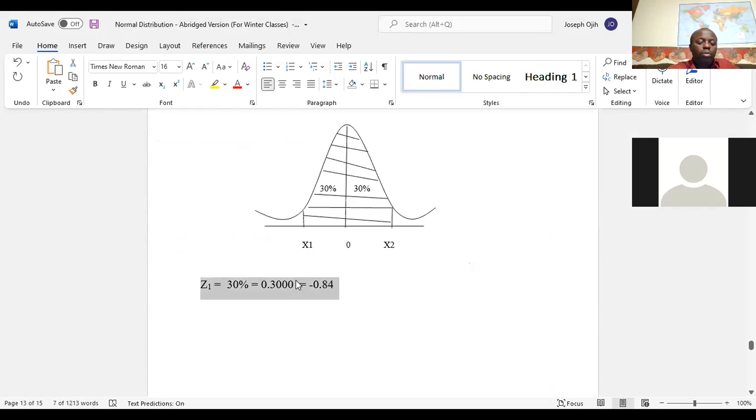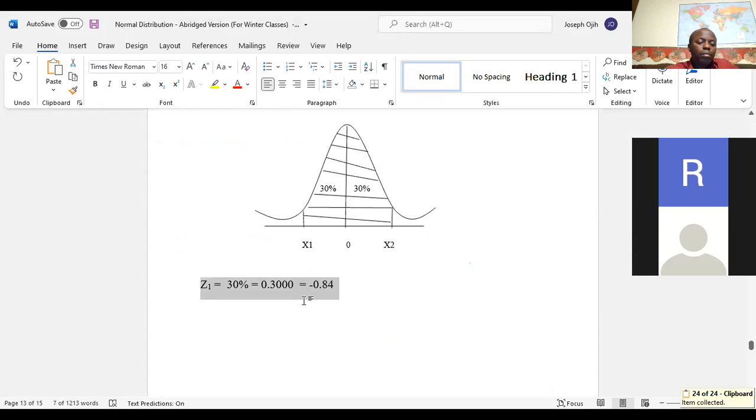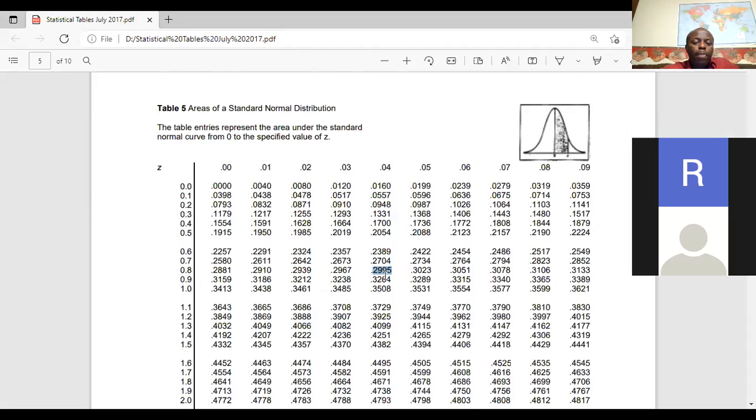Now z2. Please, Professor, how did you get the 4 at the back of 0.8? The 4, we look at the table. You know how you get 0.8, right? Yes, I know that. So follow it up. Oh, okay.